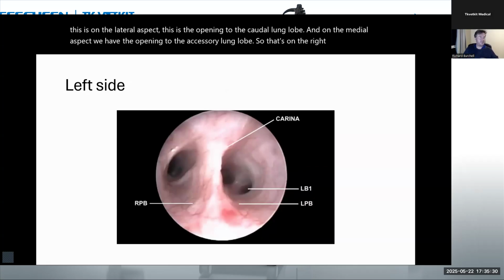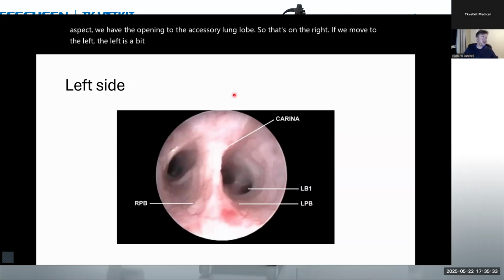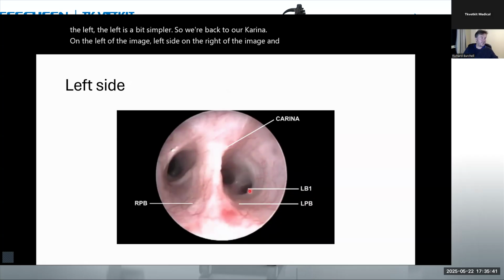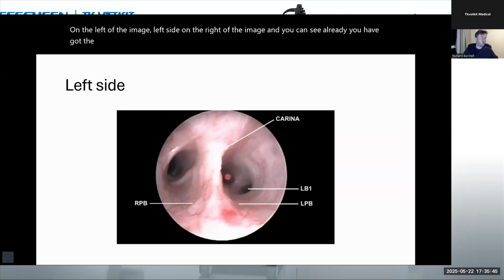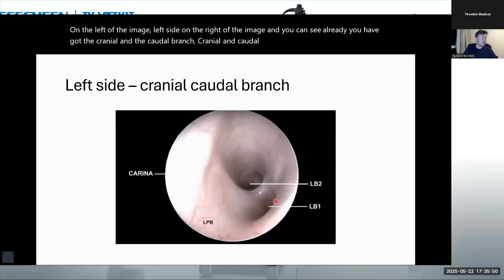If we move to the left, it's a bit simpler. So we're back to our carina, right side on the left of the image, left side on the right of the image. And you can see already you have got the cranial and the caudal branch. But remember, the cranial branch will branch into two different airways.